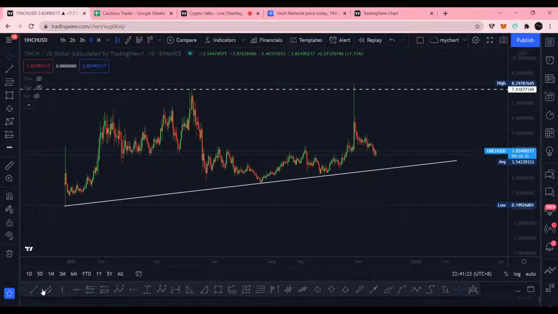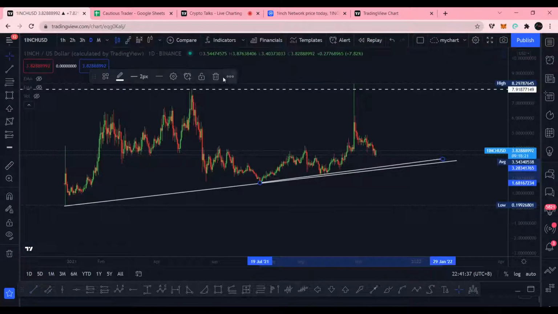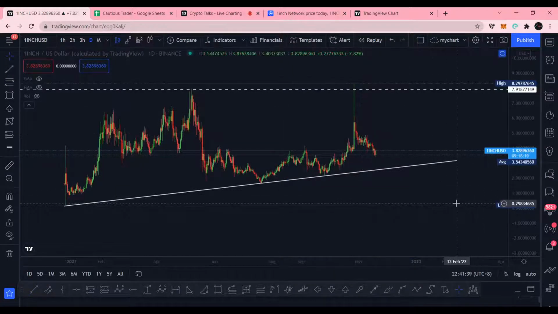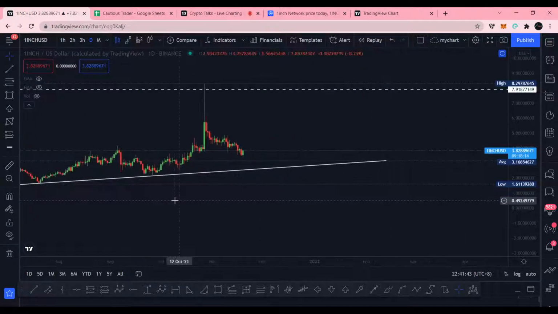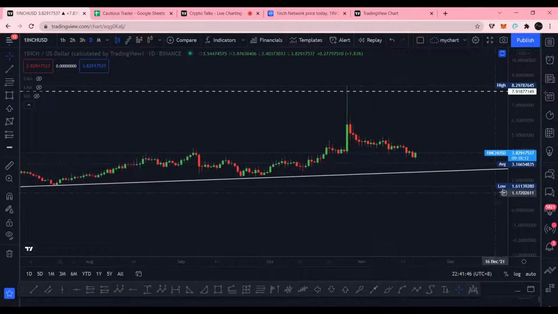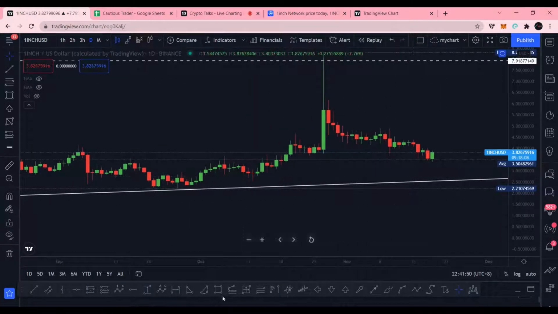Or even if I use this one, because it's a wick here. So more or less it's just close, so I'll just leave it that way. And then this is a doji there.